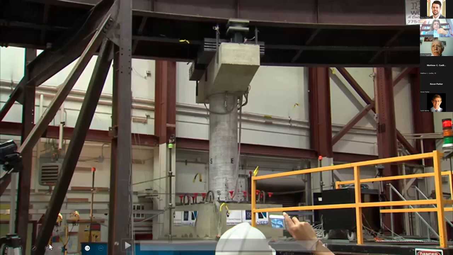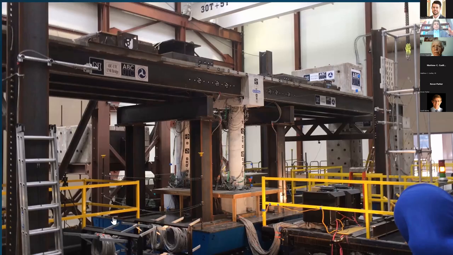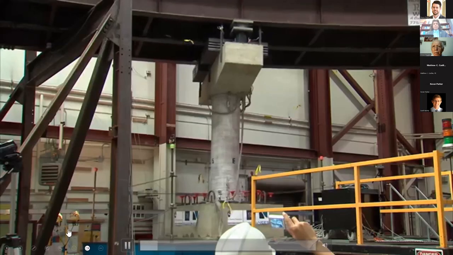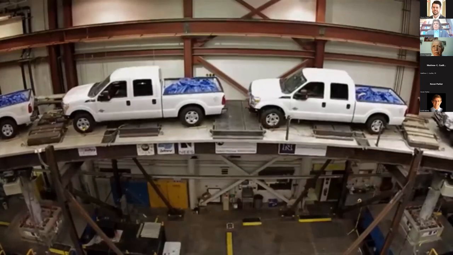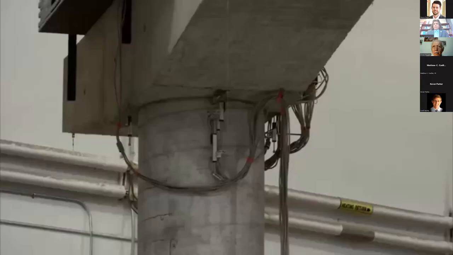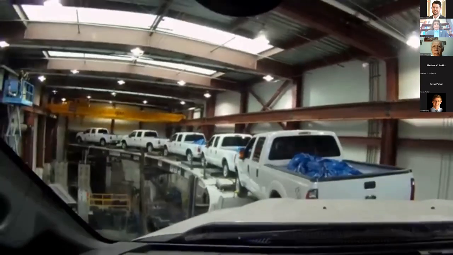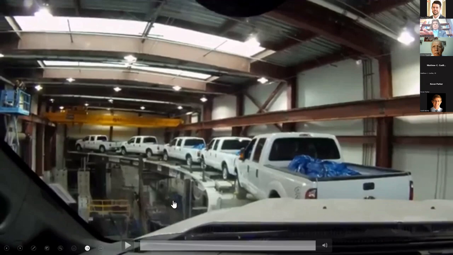For example, this is a test at the University of Nevada. So this is a shake table test at the University of Nevada, Reno.